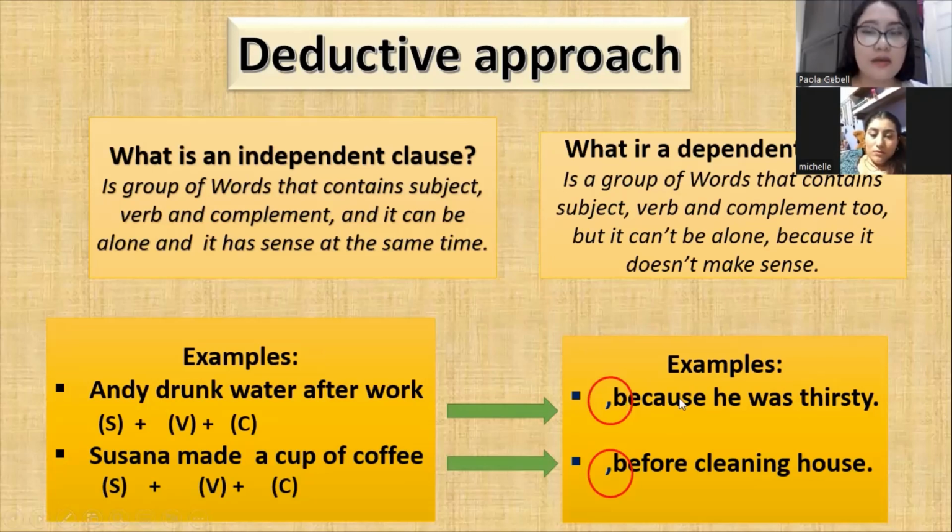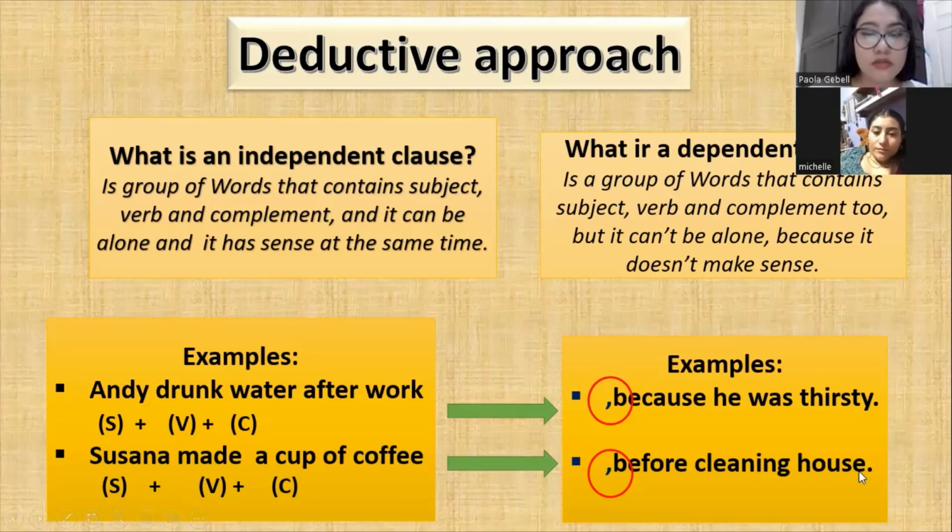Then we have the subordinating conjunction, which is because, and then he was thirsty. In that case, we have a complete sentence and we can understand what happens with Andy and why Andy is drinking water. And then Susanna made a cup of coffee, comma, before cleaning house.